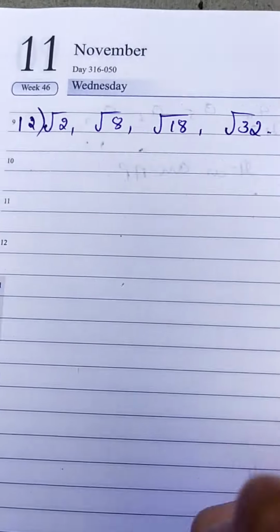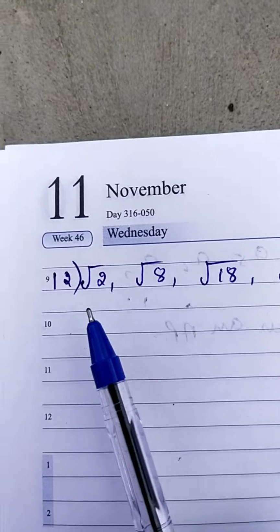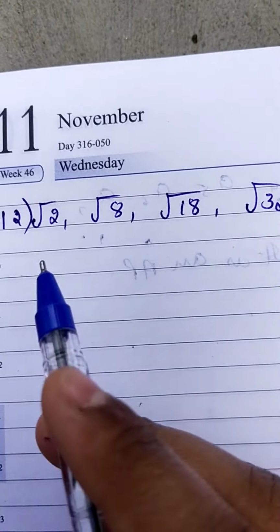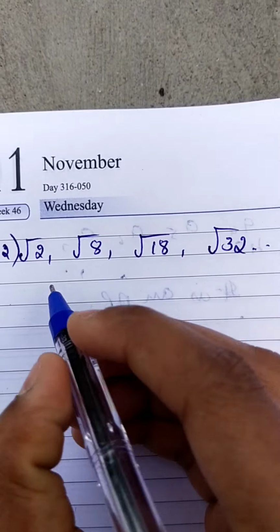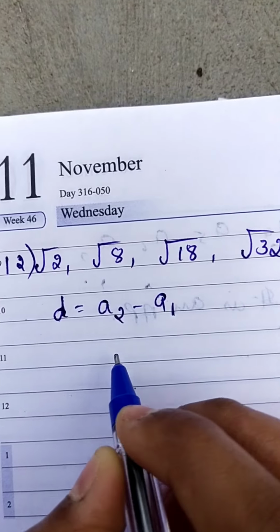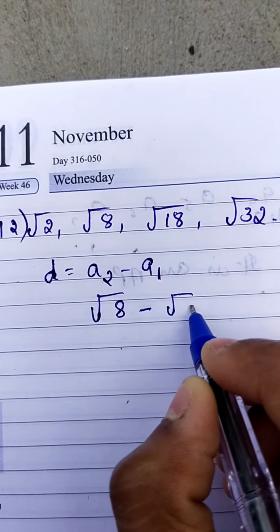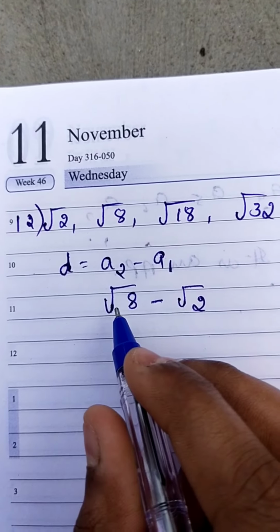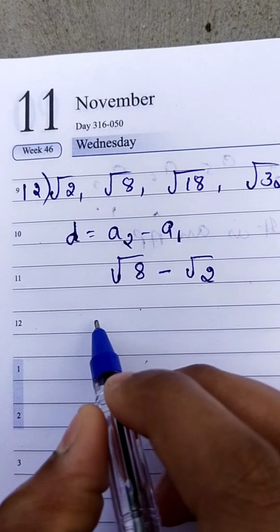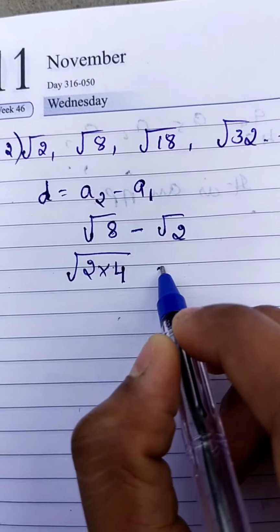This is the 12th one. Okay, root 2, root 8, root 18, root 32. Let's check the common difference first. So d is equal to A2 minus A1. So root 8 minus root 2. Now you can't cancel directly. You have to expand the root. 8 you can write as 2 into 4, and root 2 as it is.